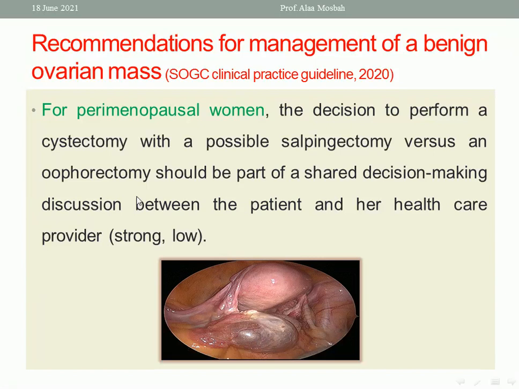So when you are going to do cystectomy at perimenopausal age and you do salpingectomy, this is one decision, or you are doing oophorectomy, removing the whole ovary, and you should discuss this with the patient.